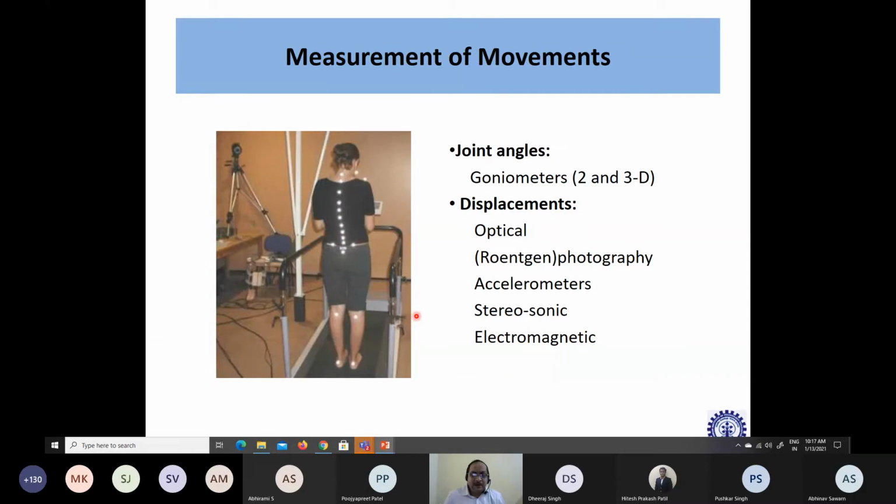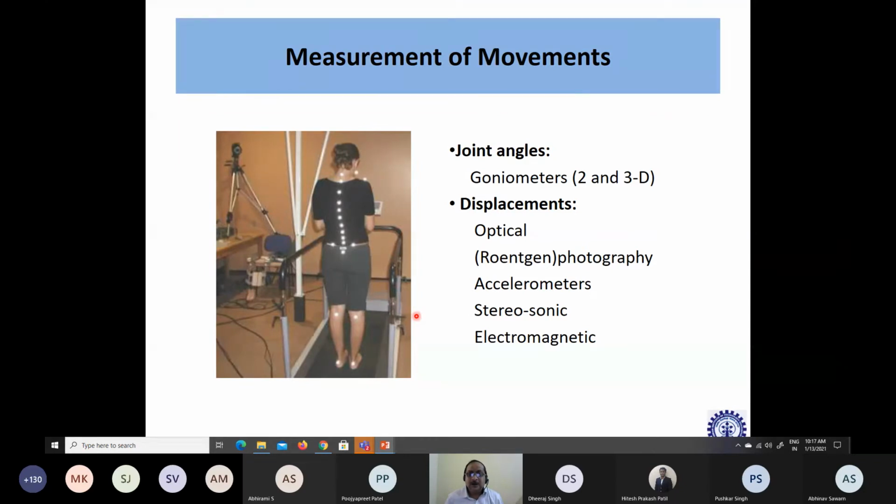Now, there have been several techniques to measure movements. Over the years, over centuries, and with the evolution of technology, the measurement techniques have become more and more precise.